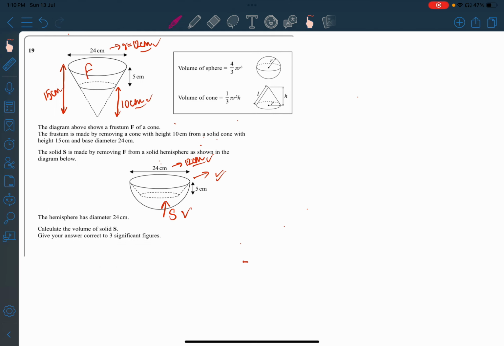First of all, you have to find the volume of the cone. The formula for the volume of a cone is 1 upon 3 pi r square h.